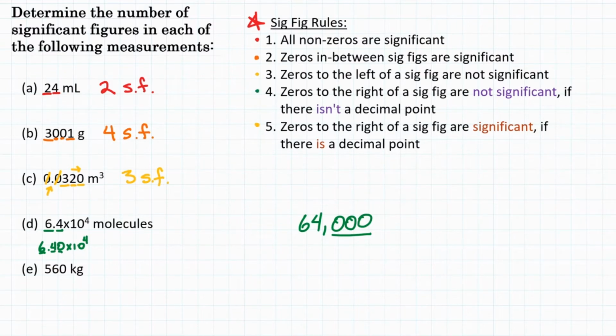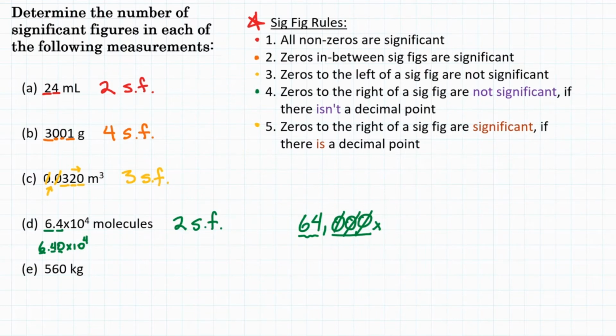And rule number 4 would give us the same answer as our number in scientific notation, where any zeros to the right of sig figs are not significant if there isn't a decimal point. So because there's no decimal point right here, these zeros to the right are not significant. So again, we would have for question D, 2 significant figures.